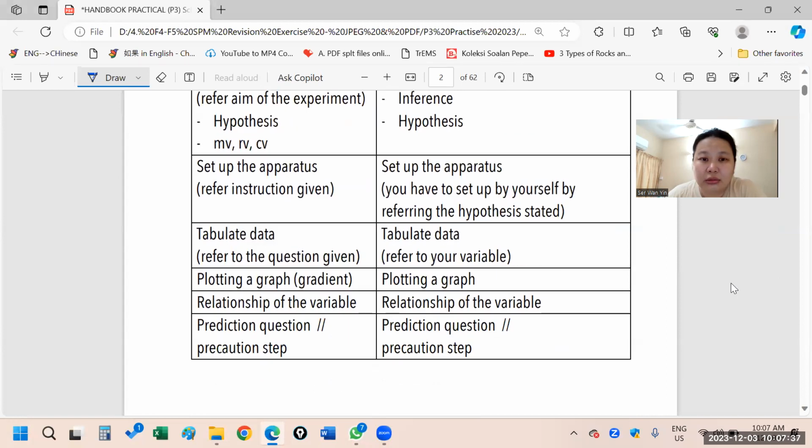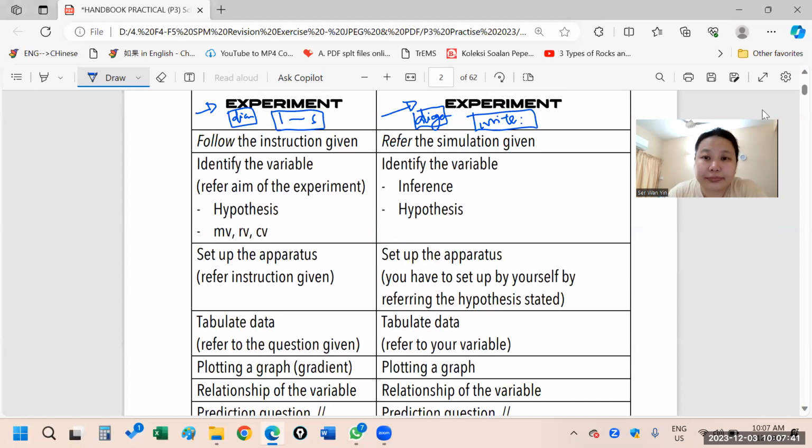Okay, but anyway, both need you to identify variables. So if given procedure, follow instruction. Normally you need to identify your hypothesis, your MV, RV, CV. But if unguided, normally they will just tell the inference and you don't need to identify MV, RV, CV because they already gave.